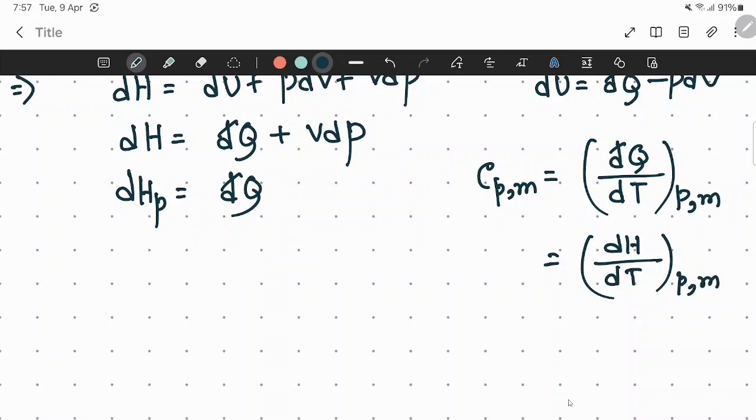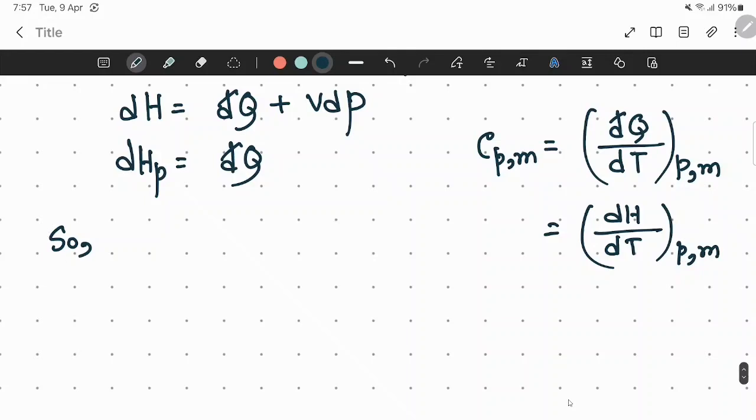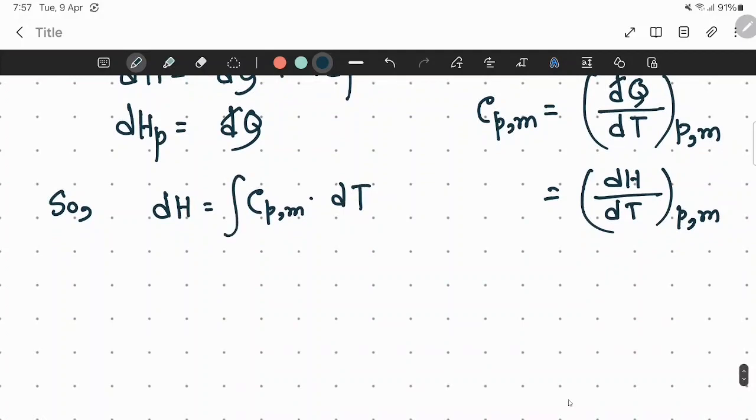So dH is eventually CPM dT. If you integrate it, del H will be CPM, which is a constant, times del T. You have to keep in mind, this is for 1 mole.